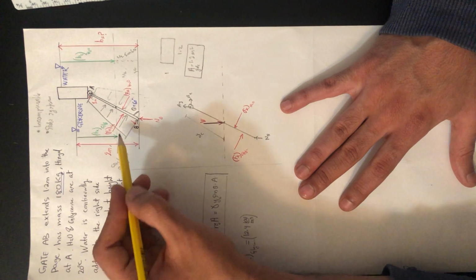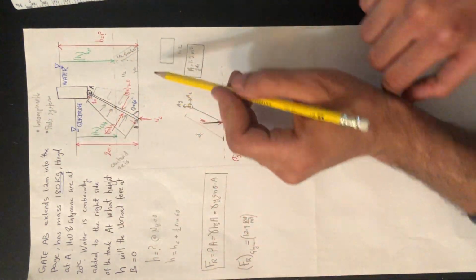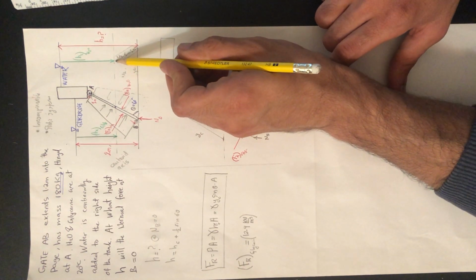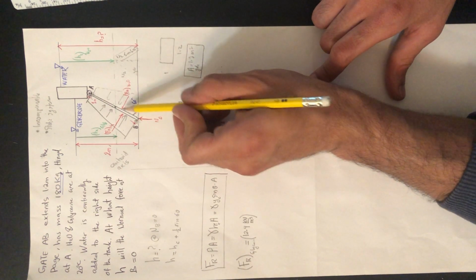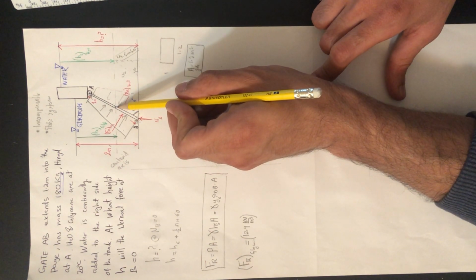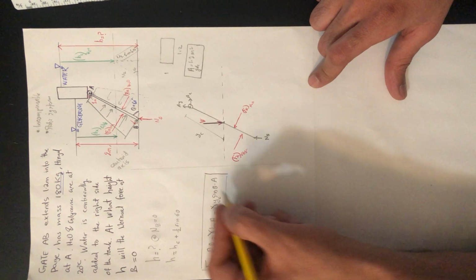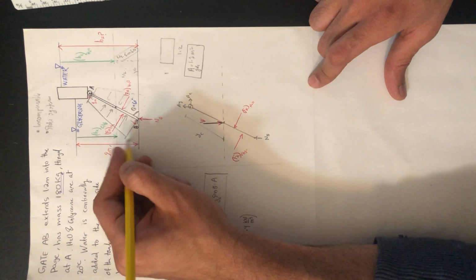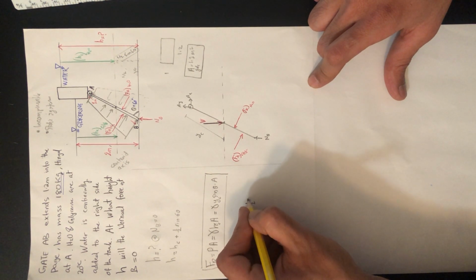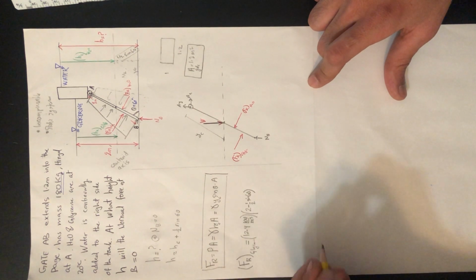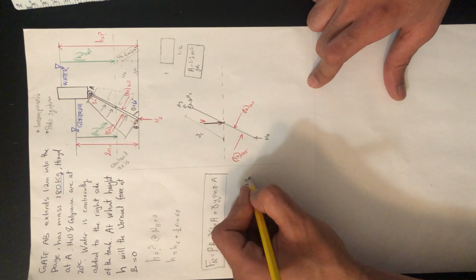We said this vertical distance is half sine 60 because we do have a triangle here, and we know the length from point B to the centroid is only 1/2. So HC equals 2 minus the vertical distance times the area. Our area is 1.2 meters squared.